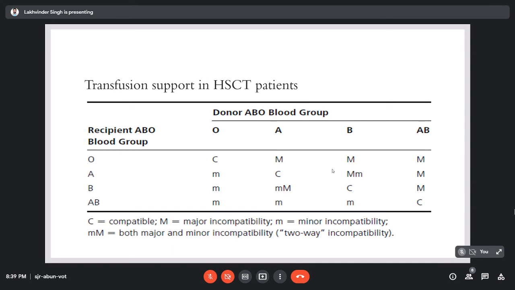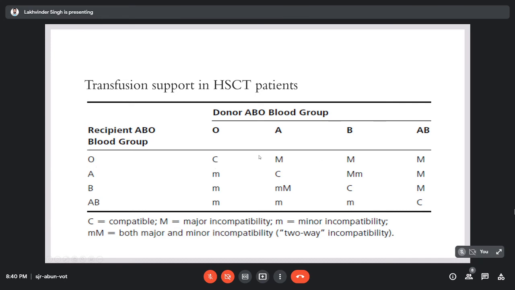Next, an important point is transfusion support in hematopoietic stem cell transplantation. These patients are important because nowadays we are doing the transplant across the blood group barrier also. So we have the major incompatibility transplant, minor incompatibility transplant, or two-way incompatibility, the bidirectional incompatibility transplant. Like in the first case, recipient is O, donor is O. It's a compatible transplant.